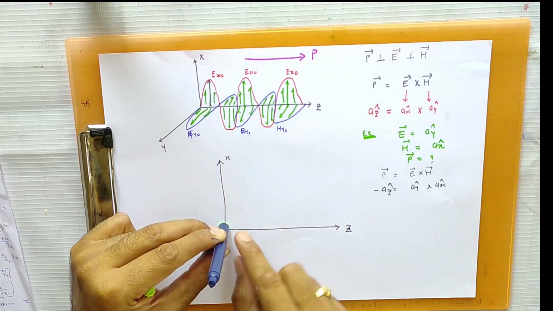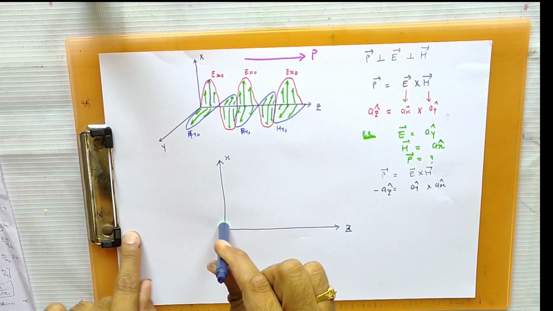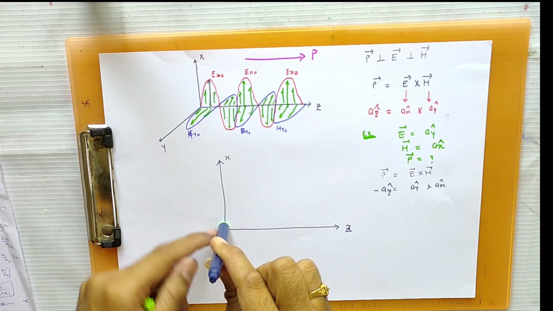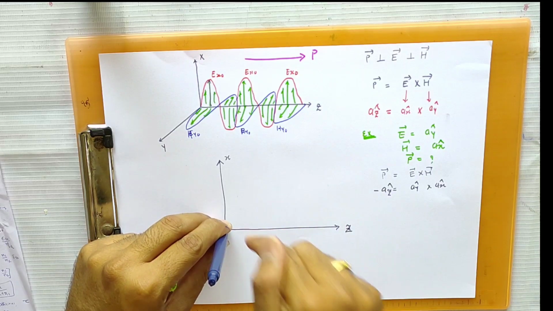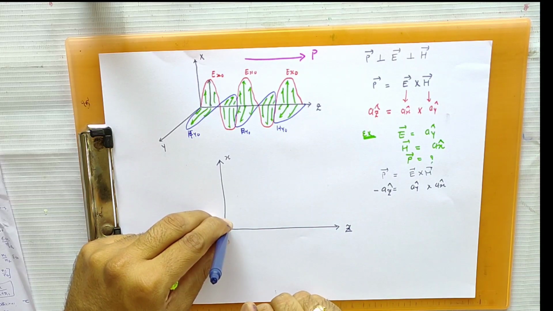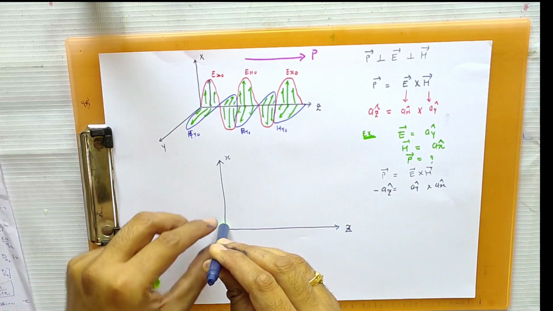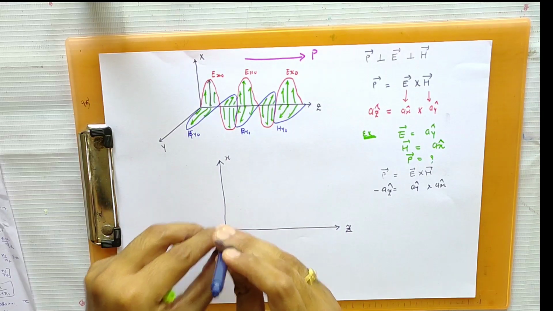So X axis, Y axis and Z axis. This axis is the negative Z axis, this axis is the negative X axis, and the axis at the bottom, which is inside this page, is the negative Y axis.